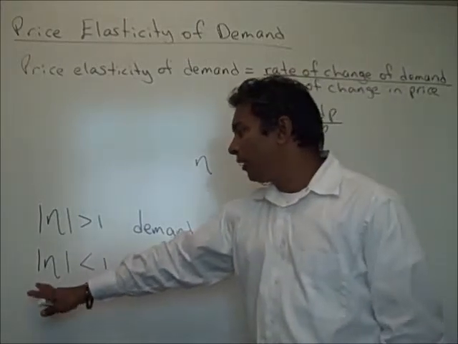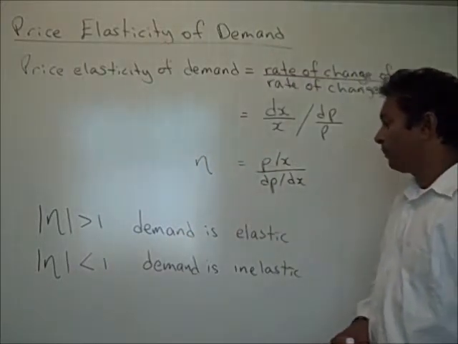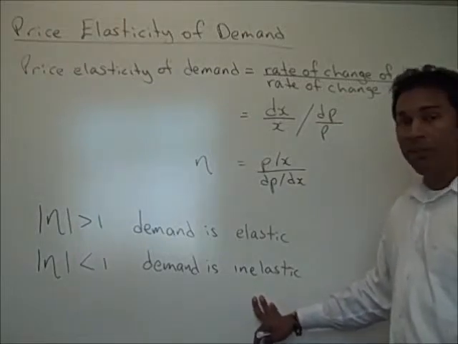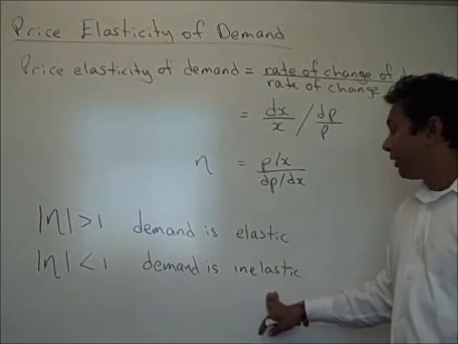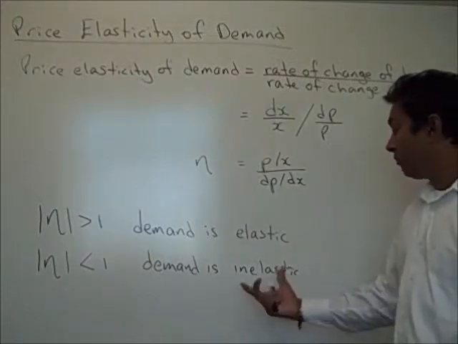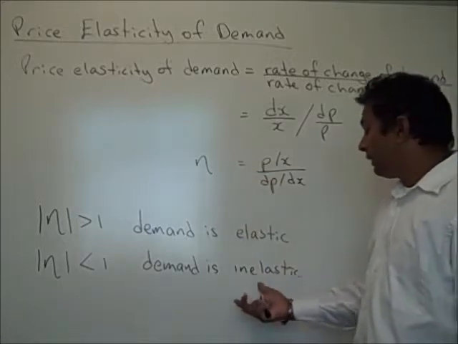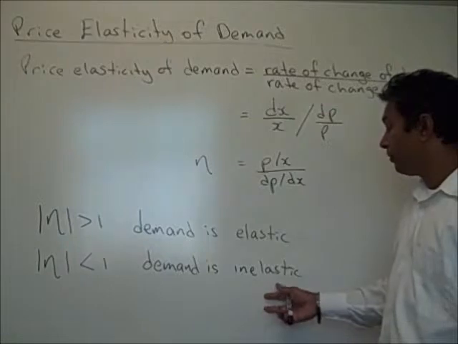When the absolute value of our elasticity is less than 1, then our demand is inelastic. Simply meaning that a change in price does not necessarily affect our change in demand. For example, gasoline. When the price of gas goes up, we generally tend to buy the same amount of gas we previously bought before.